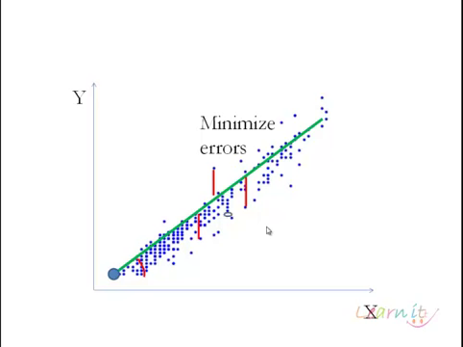If you look at your data, it is actually running around like this. If you see your fitted line, it is running linearly like this. Data may be spread out, and your fitted line is like this.